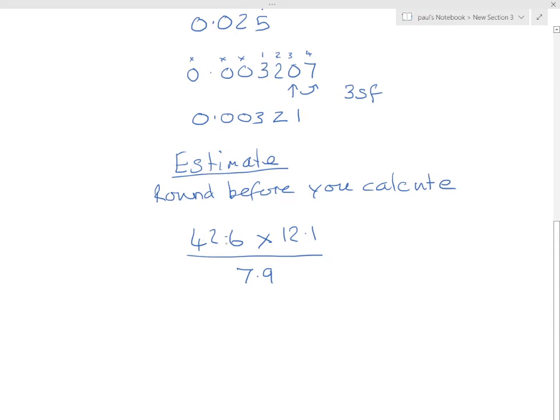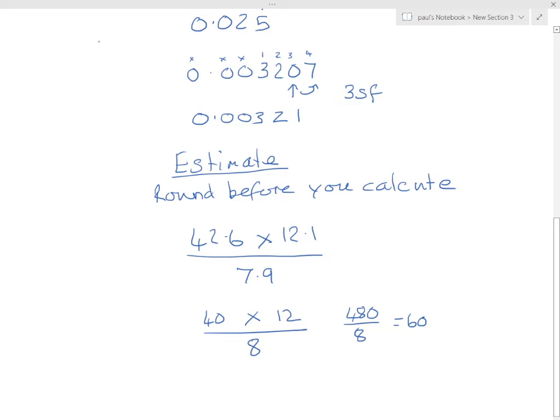So we could do 40 times, I don't know, 12 divided by 8. The key is you're looking for a number at the bottom that will divide into the number you end up with at the top. So that will be 480 divided by 8, which will be equal to 60.